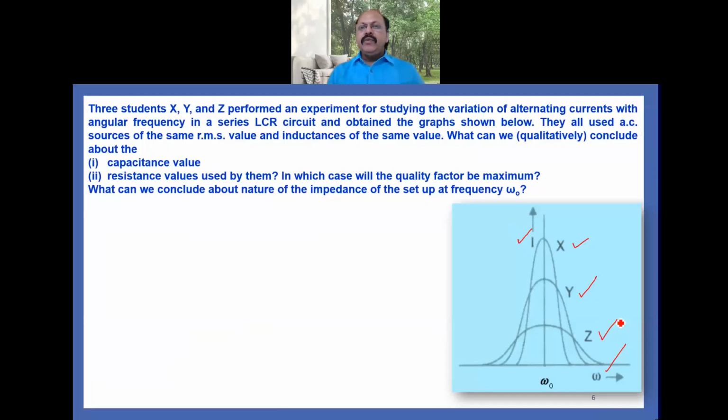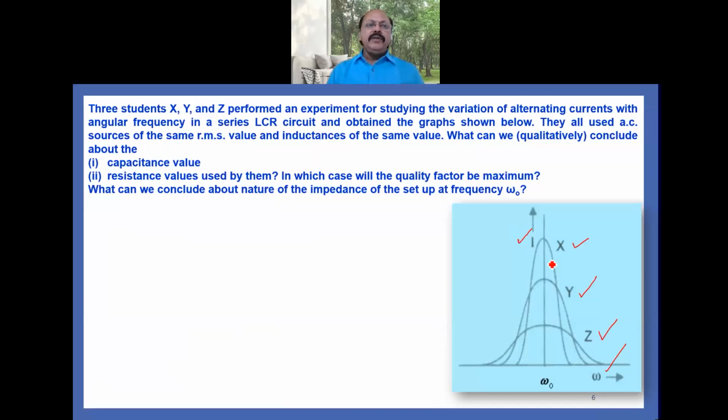In which case will the quality factor be maximum? What can we conclude about the nature of impedance of the setup at frequency omega naught? Here we are using omega naught for resonant frequency. We can write omega r or omega naught for the angular resonant frequency.